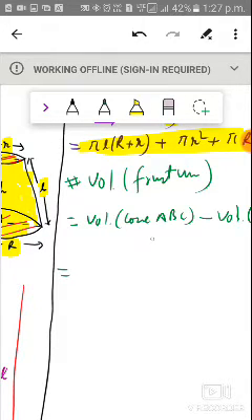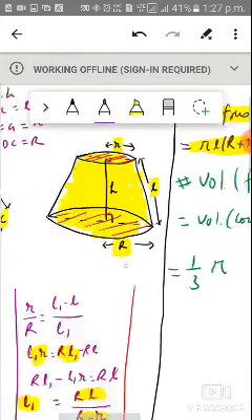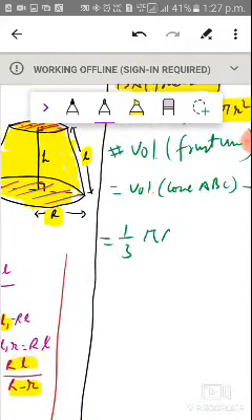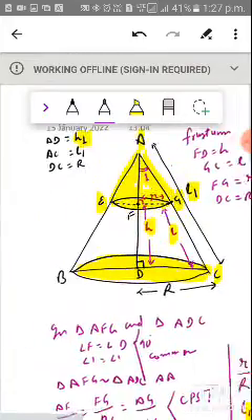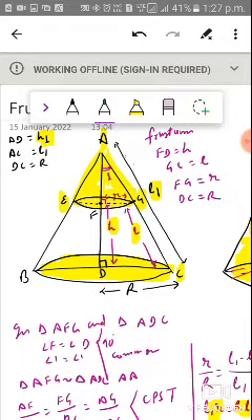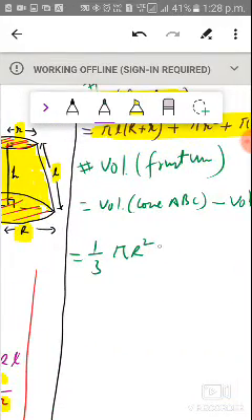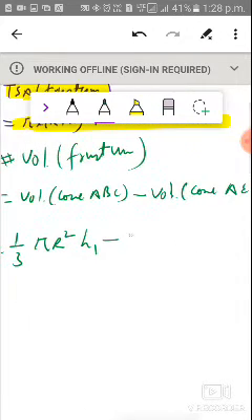Now we know the volume of a cone is 1 by 3 pi r². What is the radius of the bigger cone? That is capital R, so R². And the height of the bigger cone is h1, that is AD. So 1 upon 3 pi R² h1 is the volume of the bigger cone, minus the volume of the smaller cone, 1 upon 3 pi.